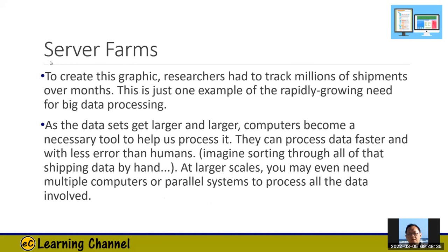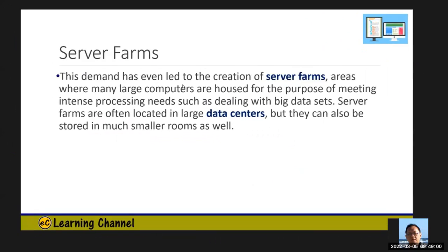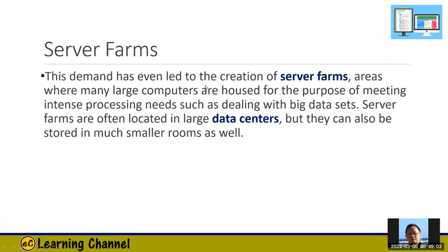So the first thing is the server farm. What is a server farm? When the data becomes so huge, you can no longer use your personal computer to process it. It becomes necessary to use larger scale computers, so you need a data farm. A server farm is sometimes also called a data center.